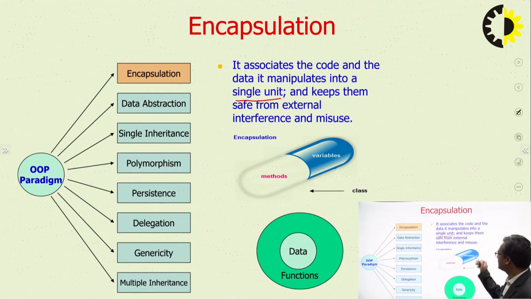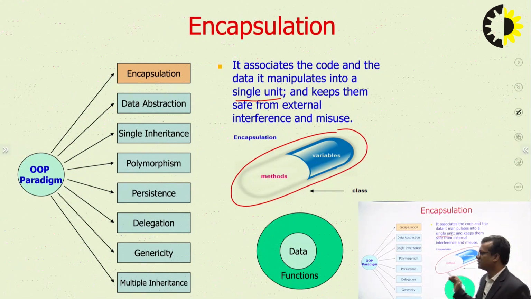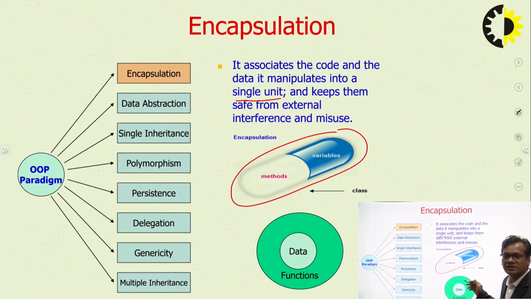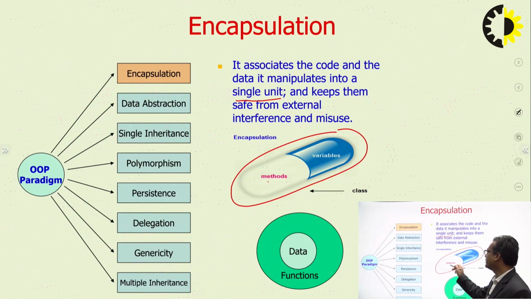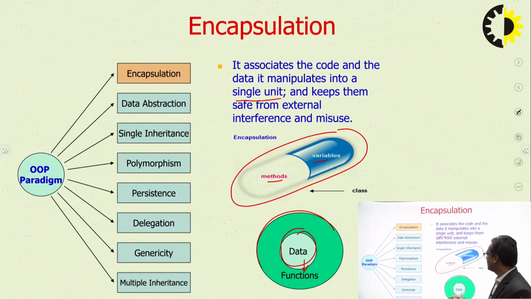Or you can think of a real world capsule, which contains different combinations of medicines. In the same way, we have methods and variables in a single unit. This is called encapsulation. Or you can say data can work on different functions. This is also encapsulation.